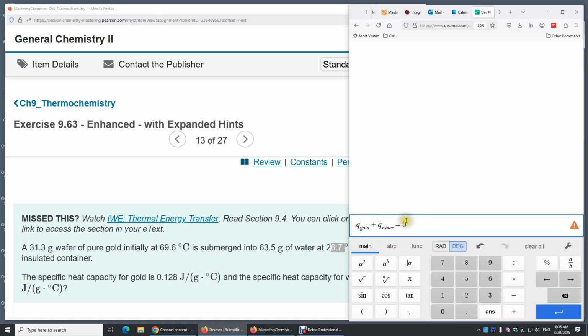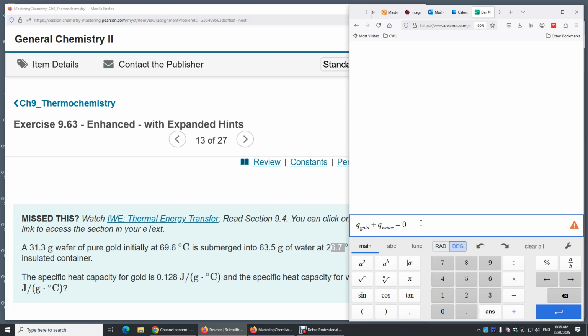So we have this equation. And also you can tell that this equation is also correct: Q water is simply negative Q gold. Either way we can do the calculation.